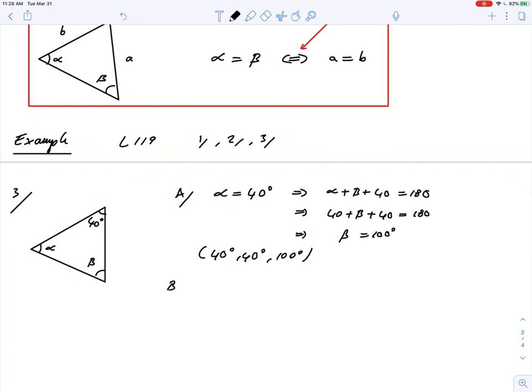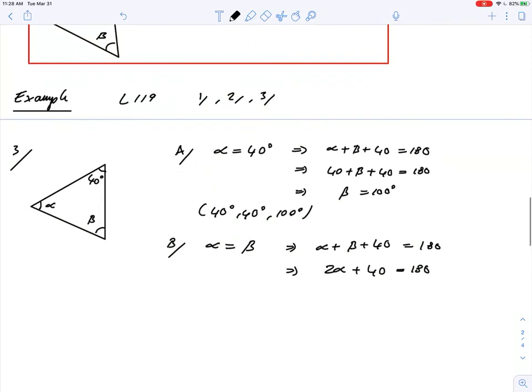There is another option, though. The other option is perhaps neither of alpha or beta are equal to 40, they're equal to themselves. So if alpha and beta are equal to each other, that would imply, well, once again, alpha plus beta plus 40 is equal to 180, but now it would be 2 alpha plus 40 is equal to 180.